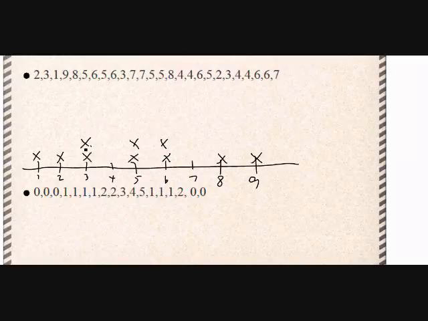And then a 3. And then 2 7s. 2 5s starting to stack up. And 8. Couple of 4s. A 6. A 5. A 2. A 3. Couple more 4s. Couple of 6s. A 7.